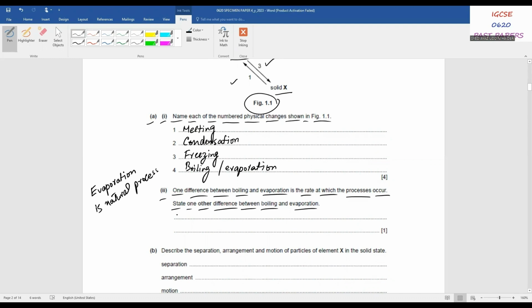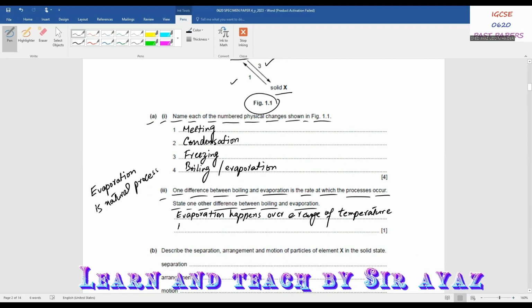So you write evaporation happens over a range of temperature. But you need a specific temperature in order to boil a liquid. So boiling happens at a specific temperature.